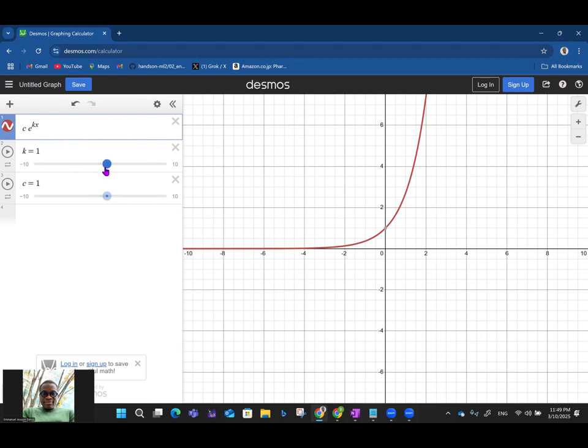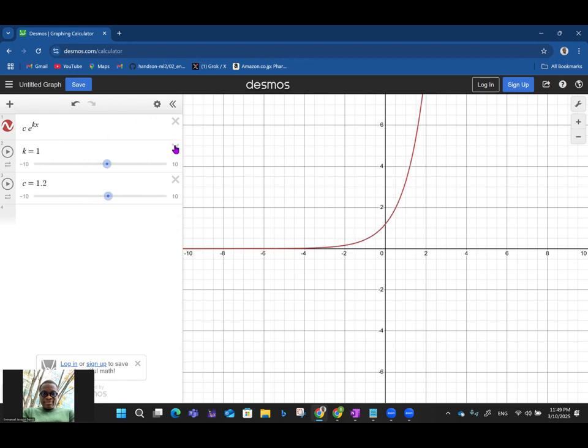Imagine if k is 1 and c is 1, this is what you have. If we slide k to the negative, see what we have. If we slide it to the positive, this is what we have. If we keep this one at 1, and then slide c also, it switches it over.